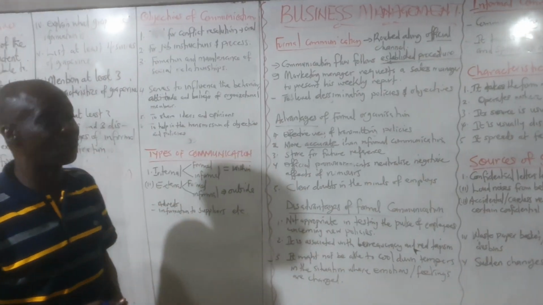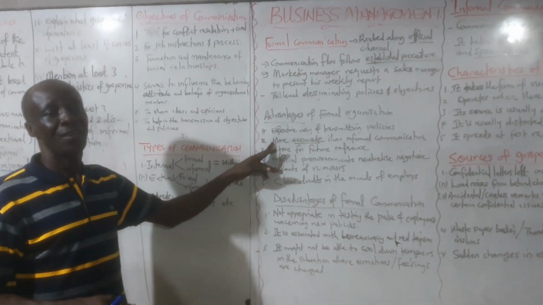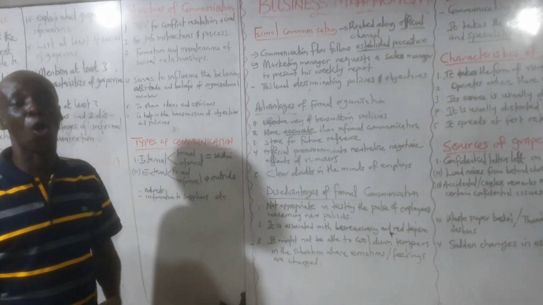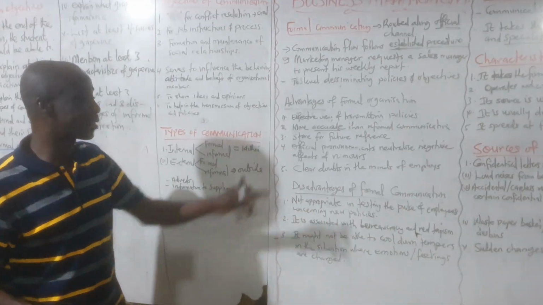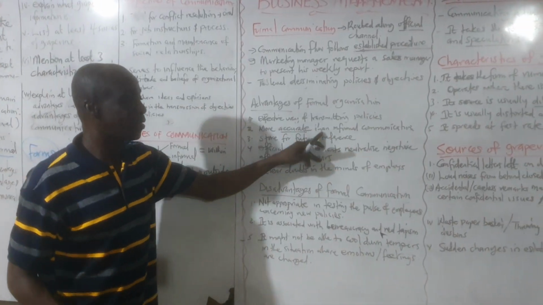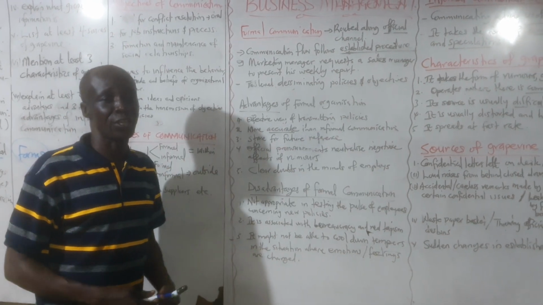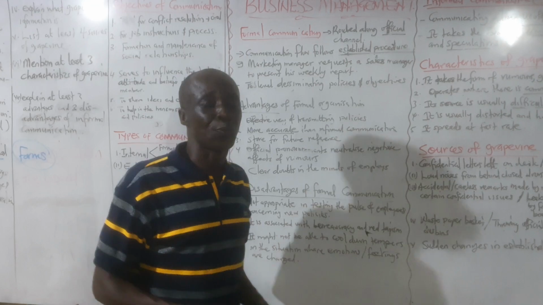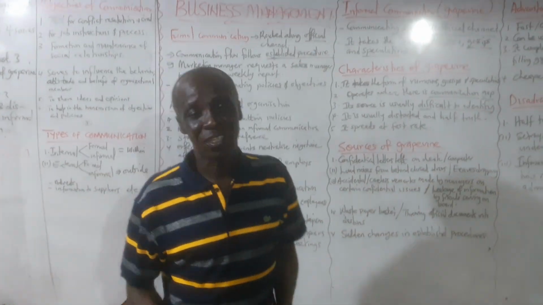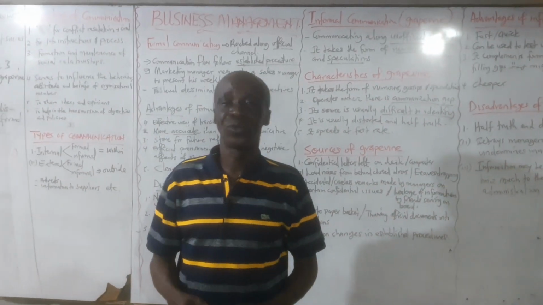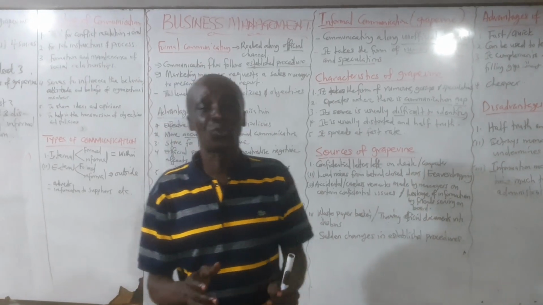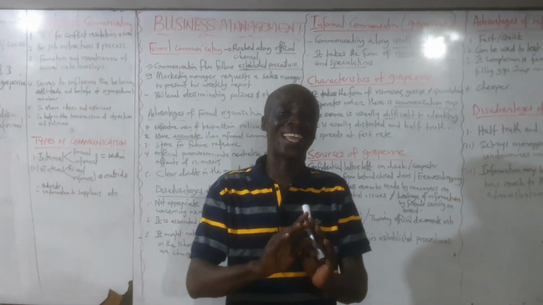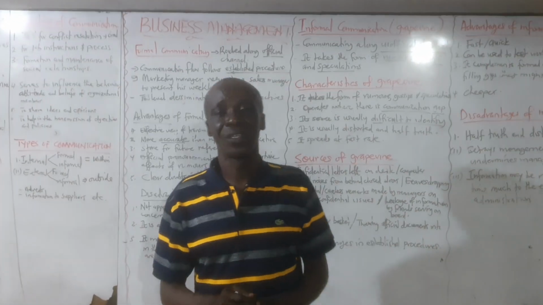The second point, very simple, straightforward, is that formal communication is more accurate. It's more accurate than informal communication. When the one who's supposed to give you information gives it to you, the person is able to give you vivid and exact information.